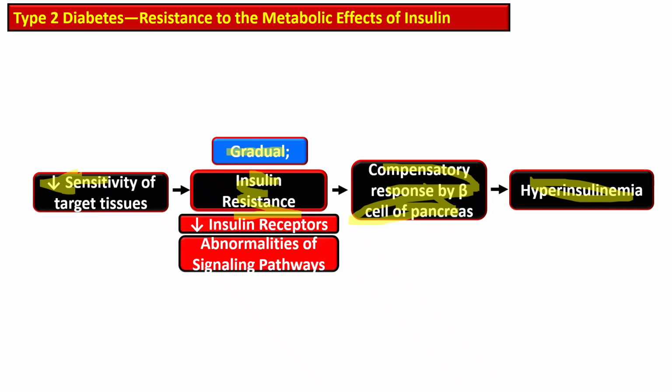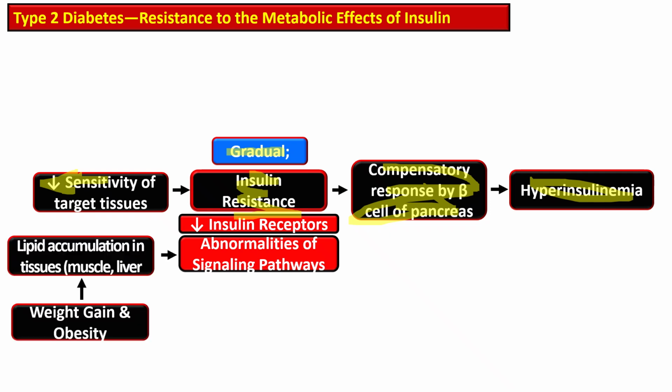So the carbohydrate utilization is impaired, leading to elevated blood glucose, and excess blood glucose will result in increased insulin secretion, creating a vicious cycle.